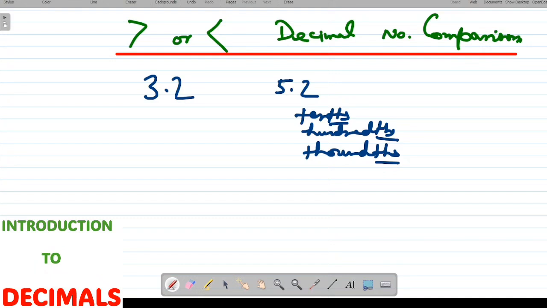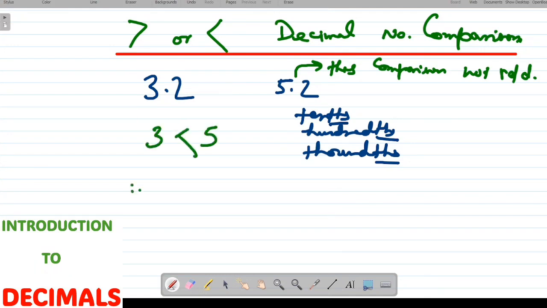When two numbers are like this, the comparison is very easy. You need not go to the right side of the decimal. This comparison is not required. You know why? Because 3 is less than 5, therefore 3.2 is less than 5.2.